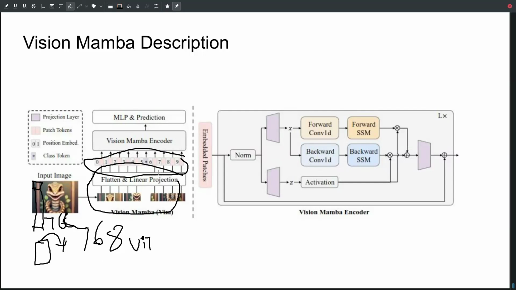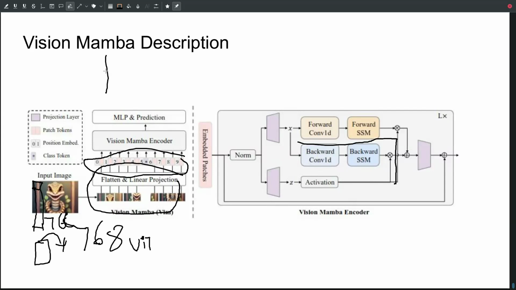The thing which differs in Vision Mamba is the forward and backward SSMs. How we do forward and backward, I'll come to that.